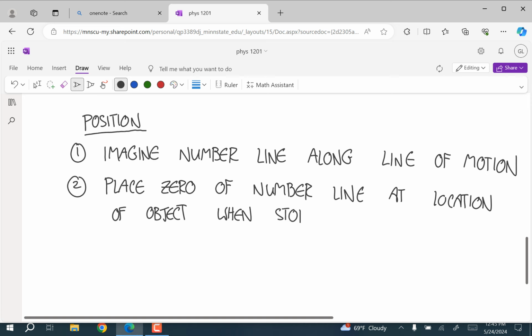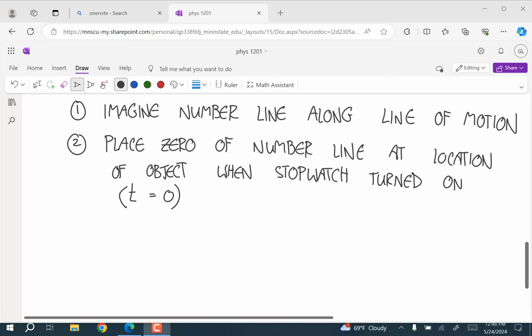Okay, you can think of that as we're always going to put the zero of the number line at the object's location when time is equal to 0. So that's when the stopwatch is turned on, and you can think of that as time equals 0.